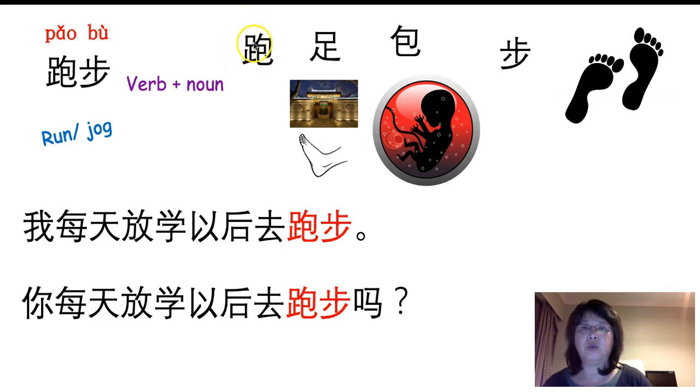Okay, 跑. You see, this is the foot radical. So the square here is not indicating a mouth, it's indicating maybe a yard, a destination. And this is foot. And on the right, the character we pronounce as bao, you see AO, the same vowel, so we take this character as pronunciation.